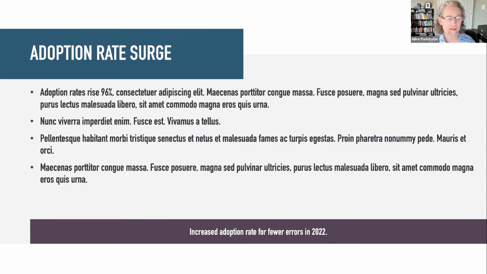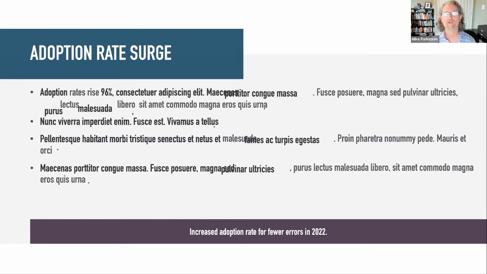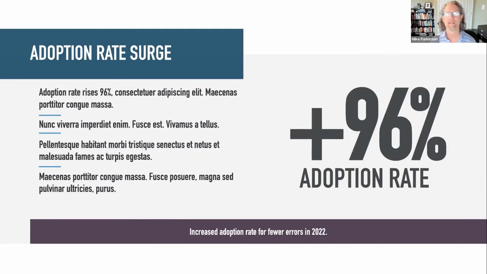I'm thinking it's adoption rates rise 96%. That's amazing. So I'm going to use Maxi Type to draw this to the audience's attention. I'm going to maximize that type and make sure that becomes the visual focus. It essentially is like a picture or an infographic, but it's just using basic type.